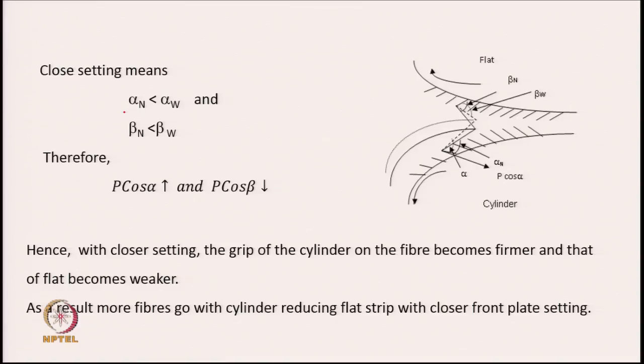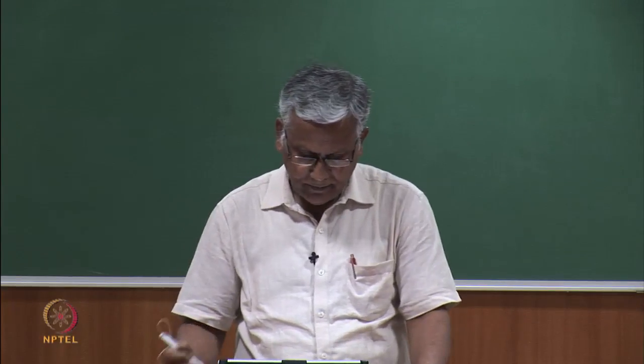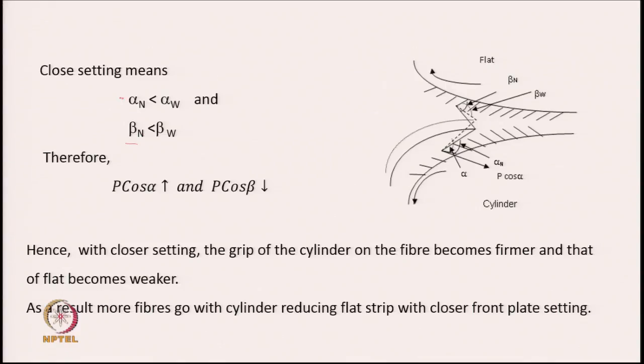So, alpha is the angle that the wire point makes with the cylinder, and beta is the angle the fiber makes with the flat. So, in the case of closed setting, this is the situation, alpha n will be less than alpha w and beta n will be less than beta w.